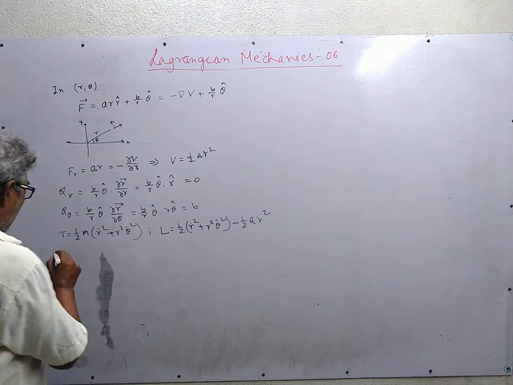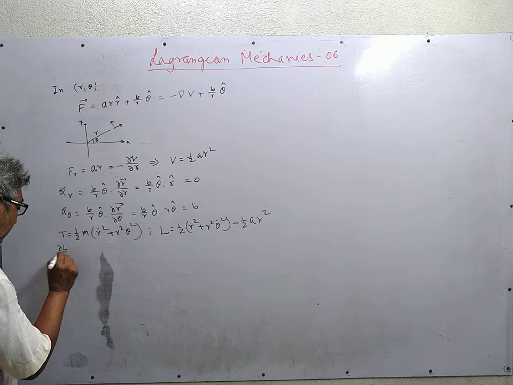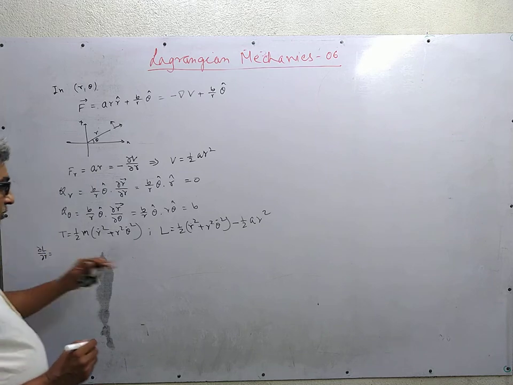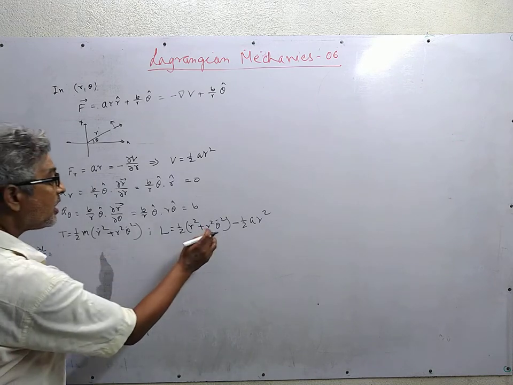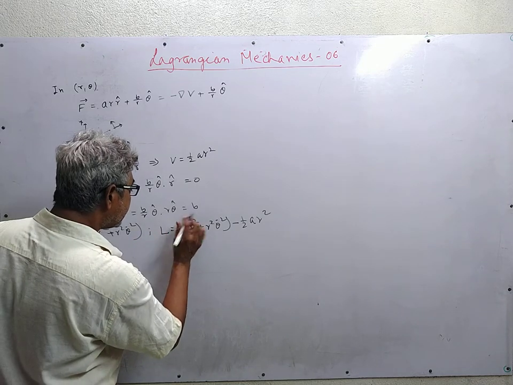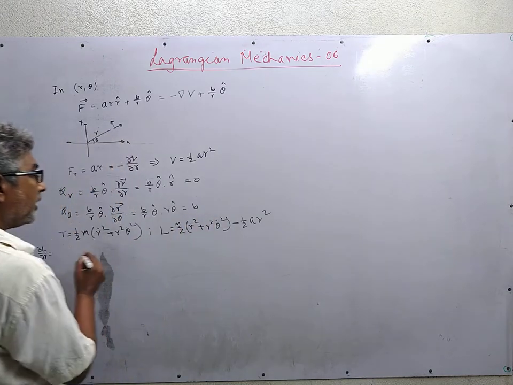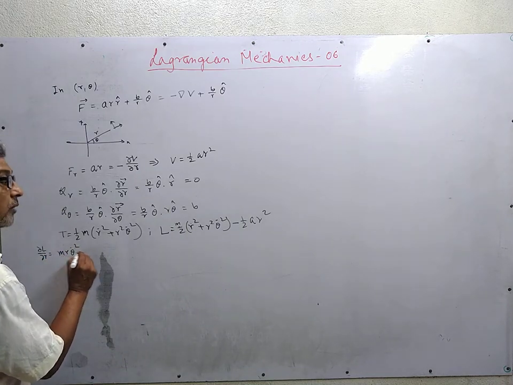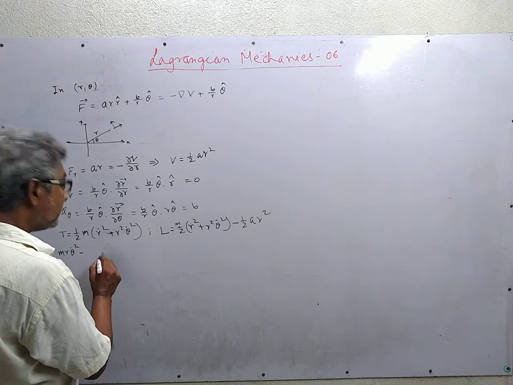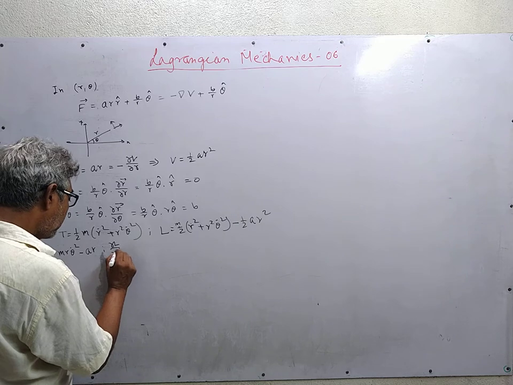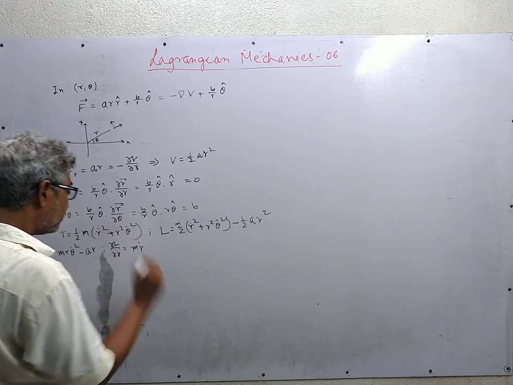Then we have del L del r is equal to, the m is missing, m r theta dot square minus a r. And del L del r dot is equal to m r dot.